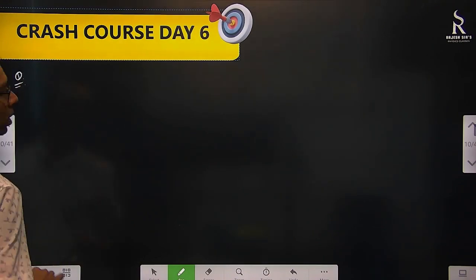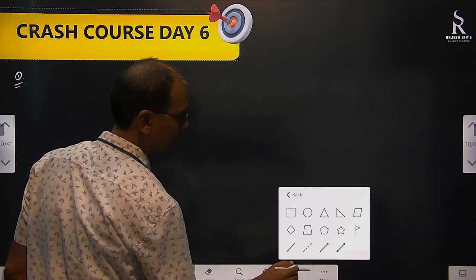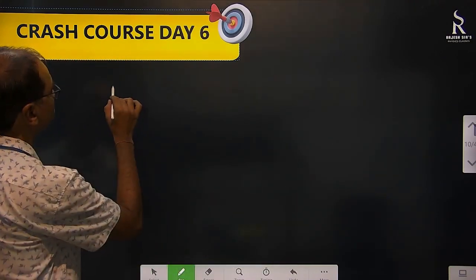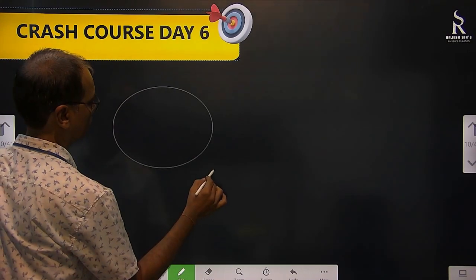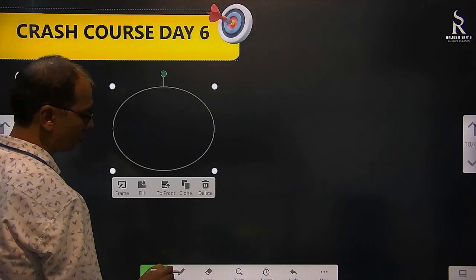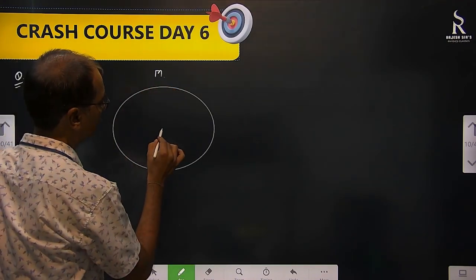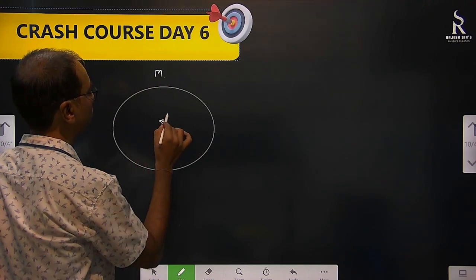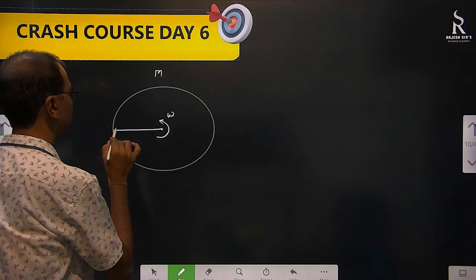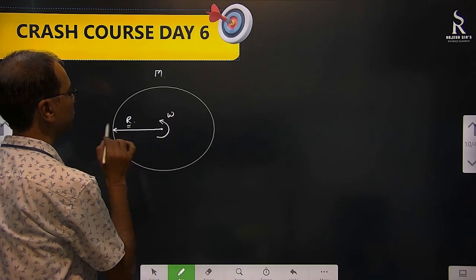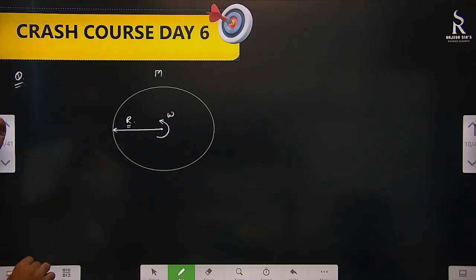Right. What more can we do in conservation of angular momentum? See, suppose we have one ring. The ring's mass you will say is m, and about its center it's rotating with angular velocity omega, and this is its radius. It's doing its motion like this.